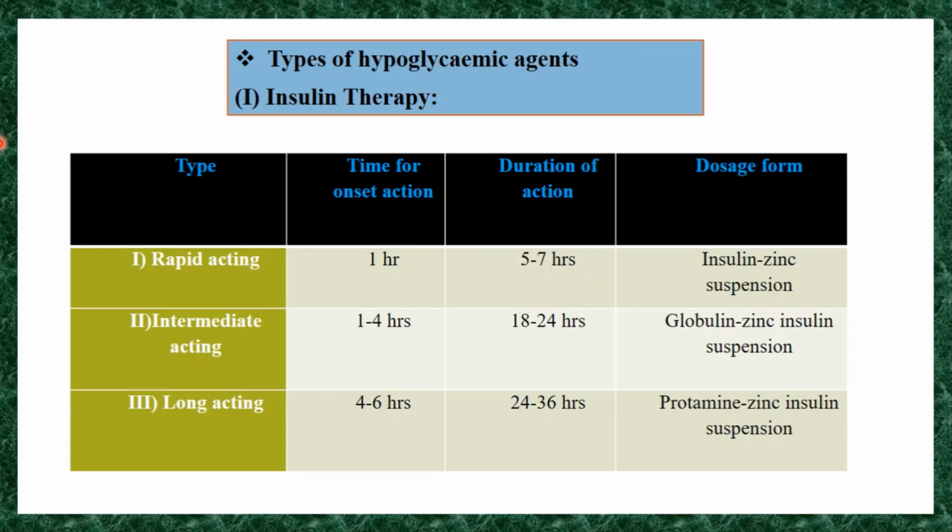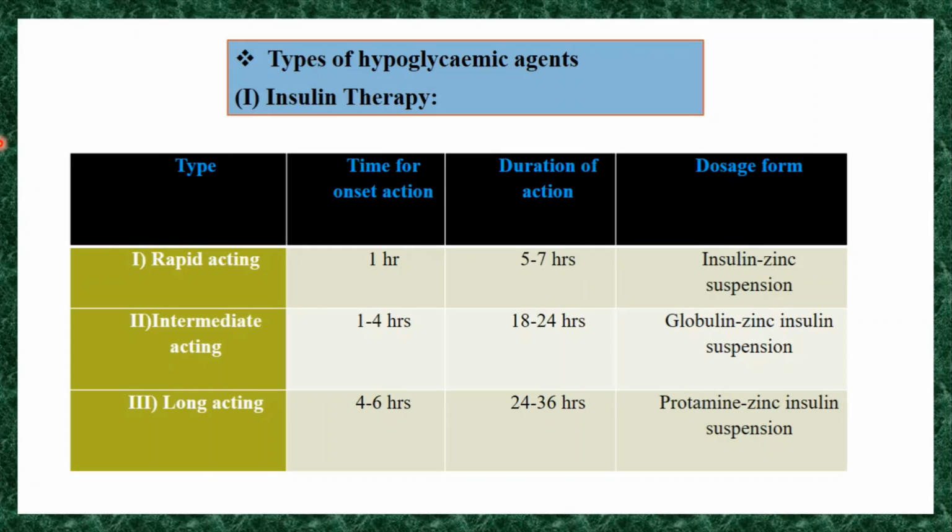Then it is purified by recrystallization, and human insulin is now produced by recombinant DNA synthesis, in which the human gene for insulin is inserted into E. coli to produce recombinant insulin. For example, lispro, aspart, and glargine insulin.